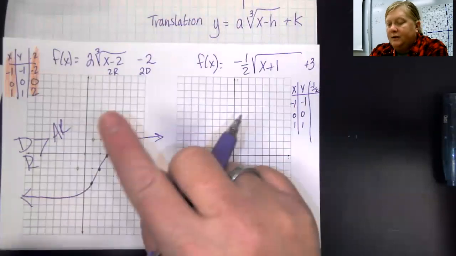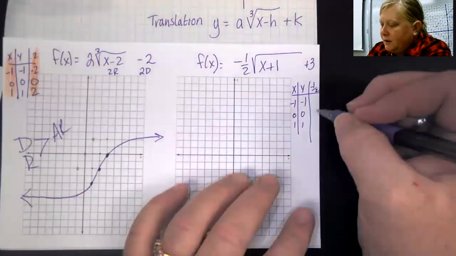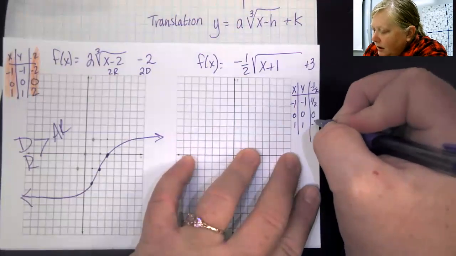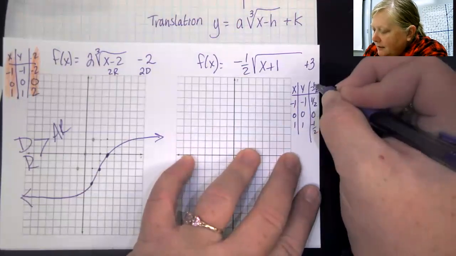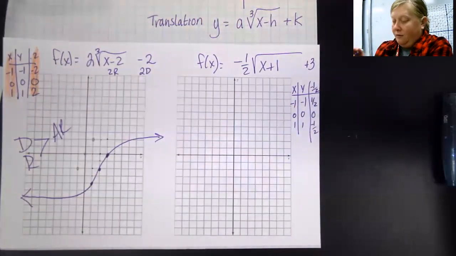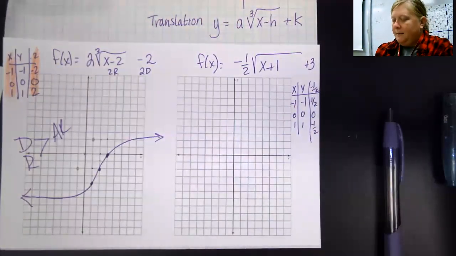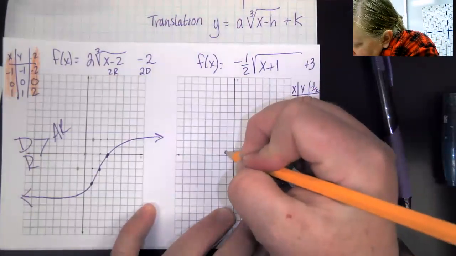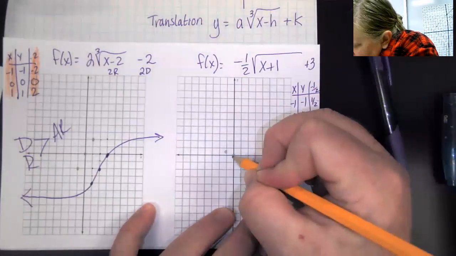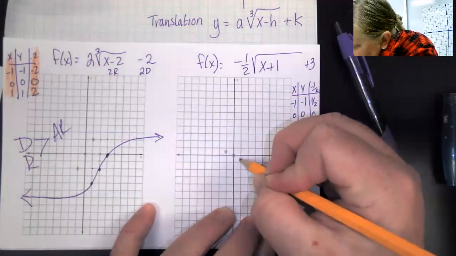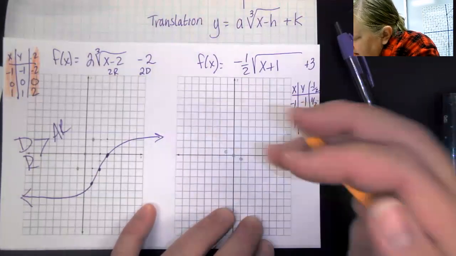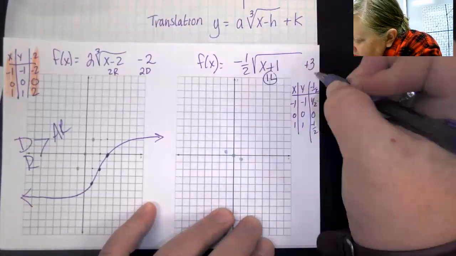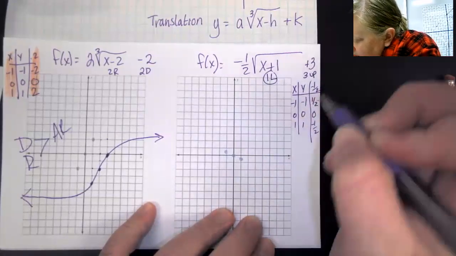You're right, it's going to flip. So this becomes 1/2, 0, and -1/2, because 1 times -1/2 is -1/2. All right, I'm going to take my pencil. -1, positive half, 0, 0, and 1, -1/2.